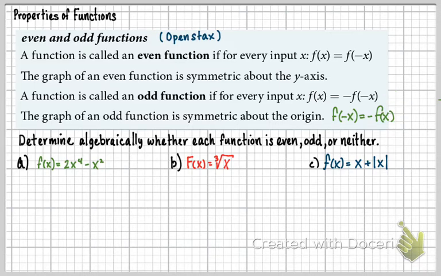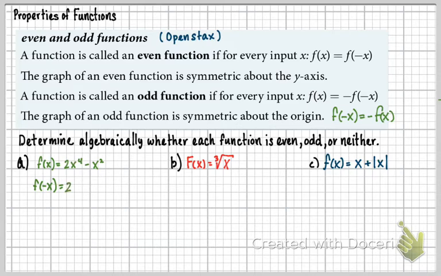It says f of x equals 2x to the 4th minus x squared. Looking at the way we start any of these, we're going to put a negative x in for x, for every one of them, when we're trying to determine algebraically if a function is even, odd, or neither. So I'm going to take f of negative x, plugging in negative x wherever I see x.